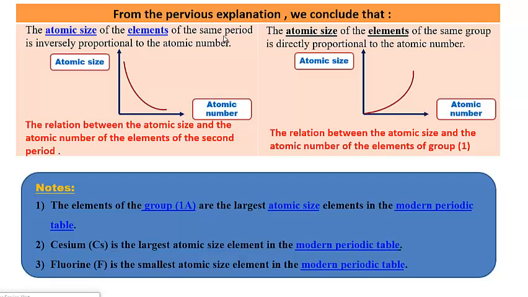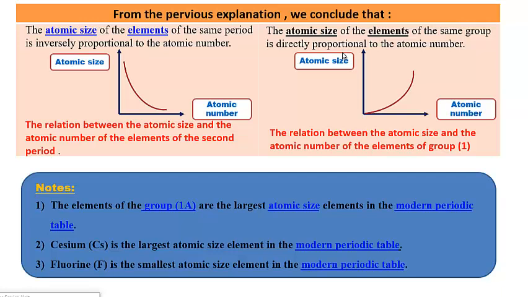What about in a group? The atomic size is directly proportional to the atomic number. When the atomic number increases, the atomic size will increase. When the atomic number decreases, the atomic size will decrease.